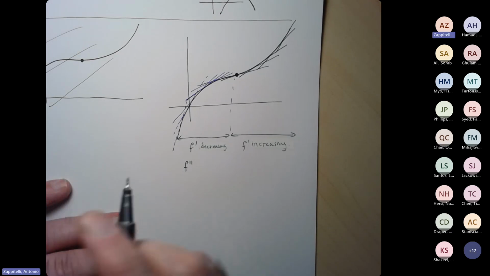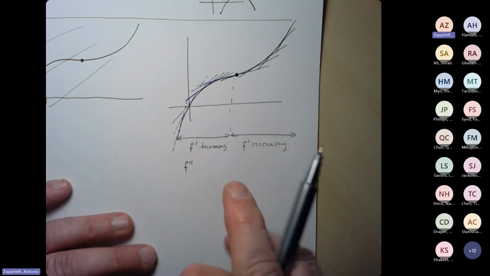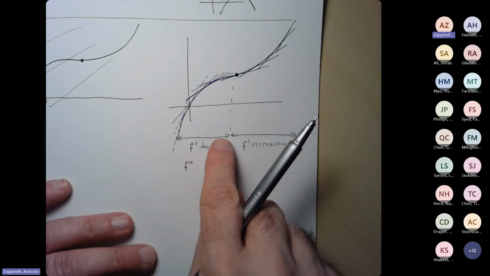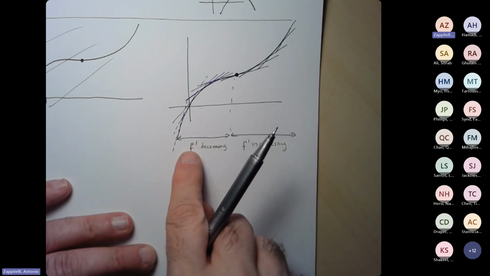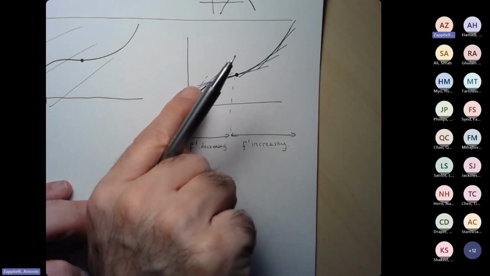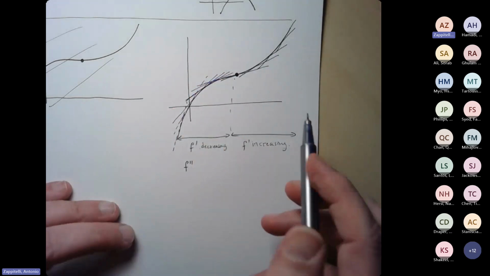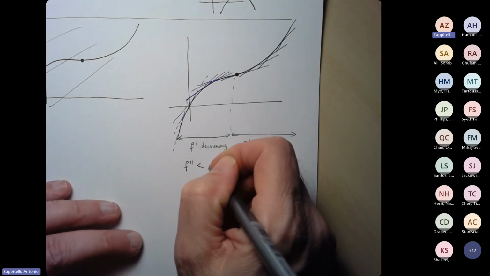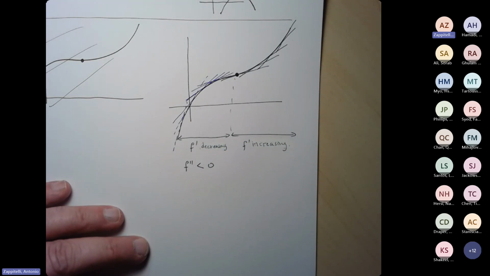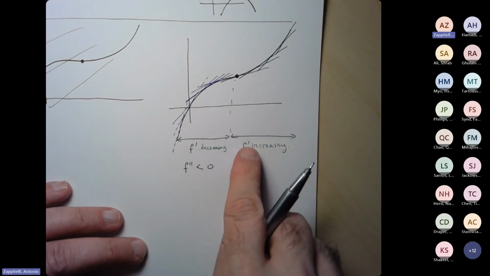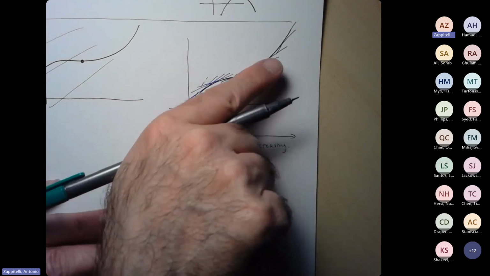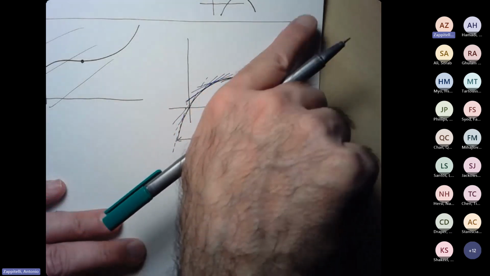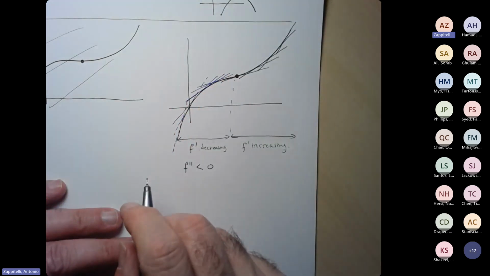Negative. Exactly. But here, I'm not talking about the function decreasing, I'm talking about the derivative decreasing. So if the first derivative is decreasing, then the second derivative has to be negative. And here, if the first derivative is increasing, so it's getting bigger and bigger, what has to happen?